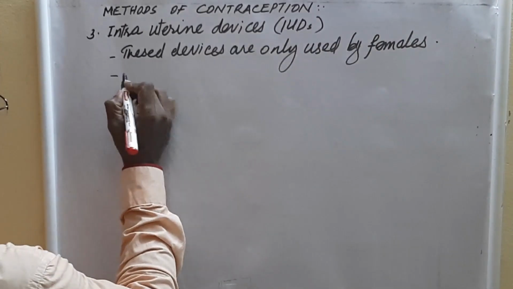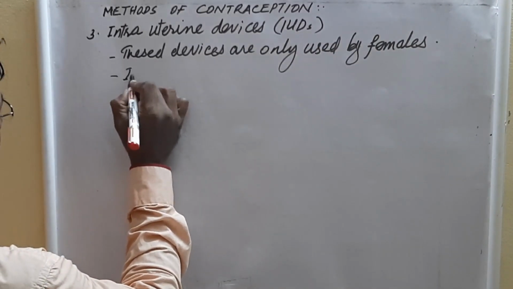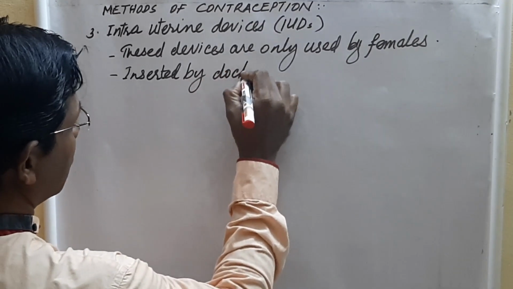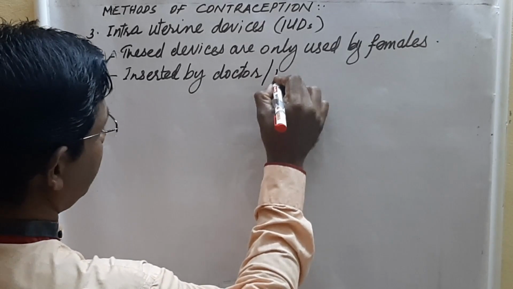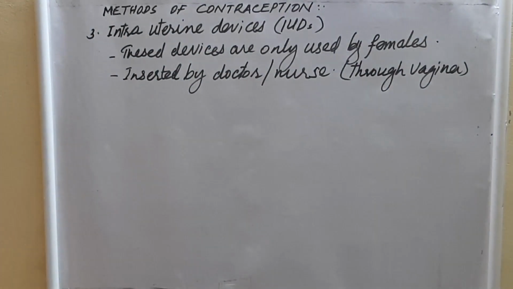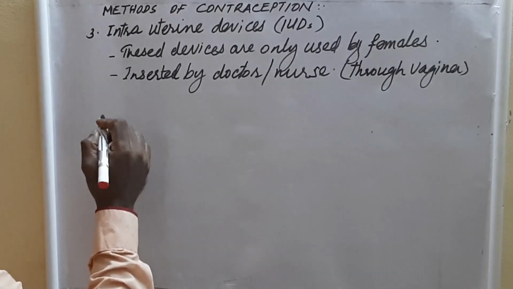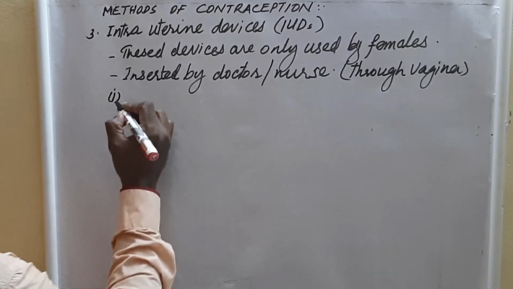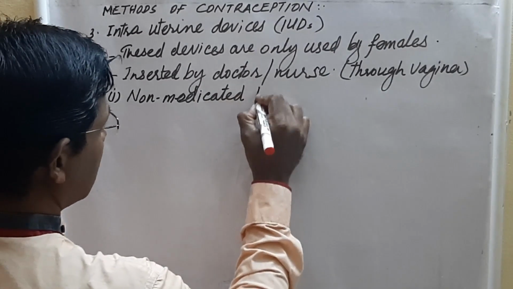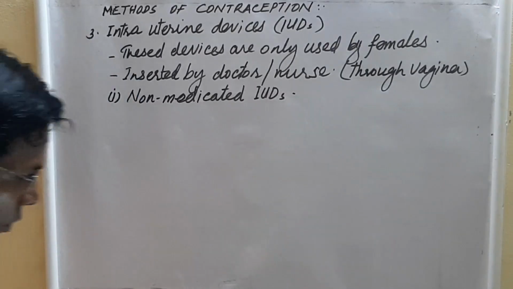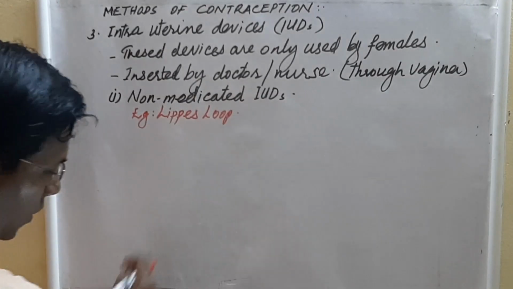It is inserted by a doctor or nurse through the vagina. Three types of IUDs are there, that are: first one, non-medicated IUDs. Examples: Lippes loop.